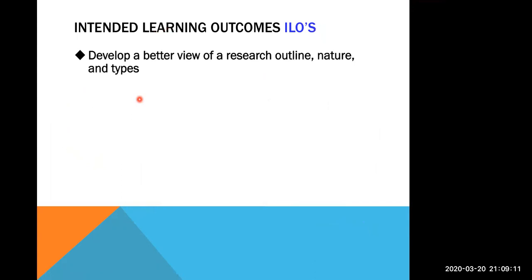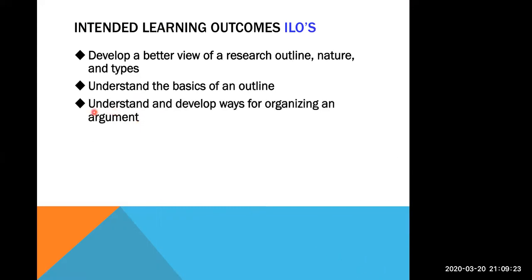In this slide, the major intended learning outcomes are listed as follows. By the end of this session, you will be able to develop a better view of a research outline, nature, and types. And you'll be able also to understand the basics of an outline, to understand and develop ways for organizing an argument, which is considered as most significant for writing any research paper.